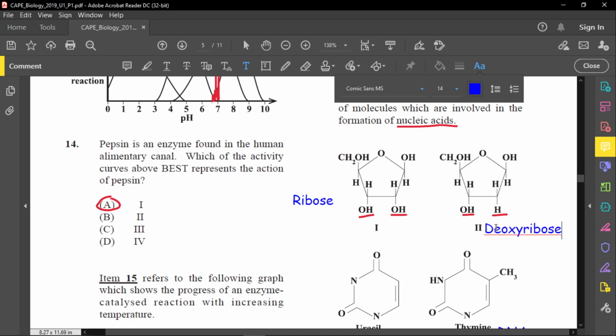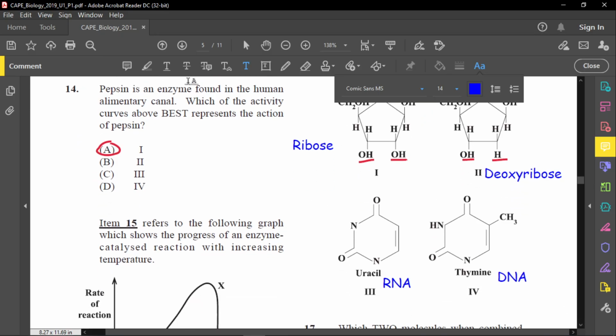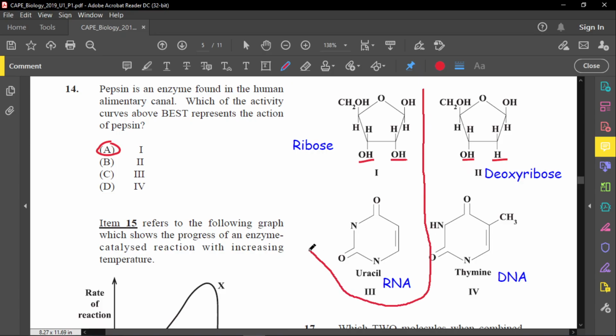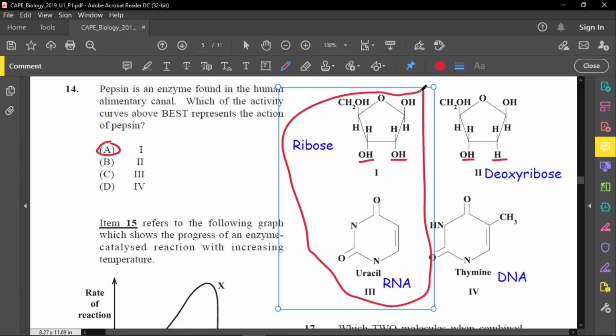So now we know that deoxyribose sugar is found in what? DNA. While the ribose is found in what? RNA. So here we have our indication that these two structures, the ribose and the uracil, must be in RNA.